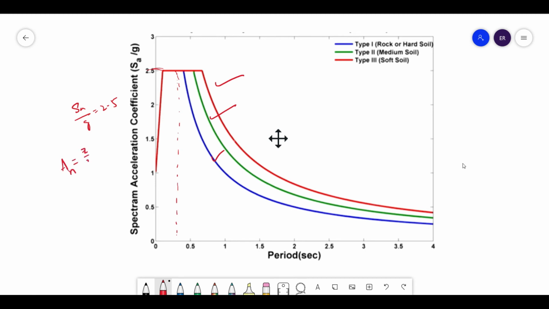That is nothing but Z by 2 into I by R into Sa by g. And from this we find out the base shear, and the member forces also will come accordingly based on the seismic force distribution with respect to different stories. So that is another concept completely, so we leave it out here.